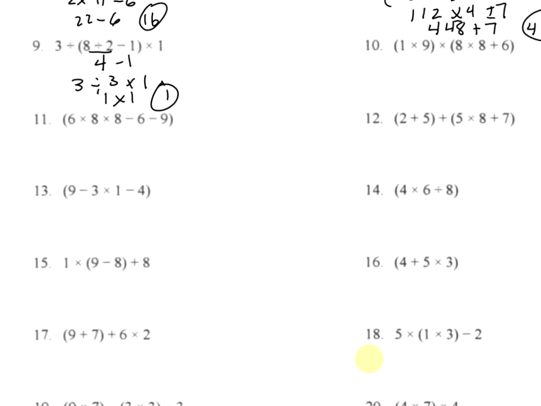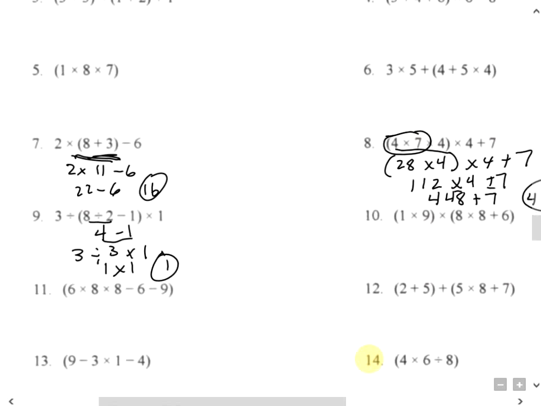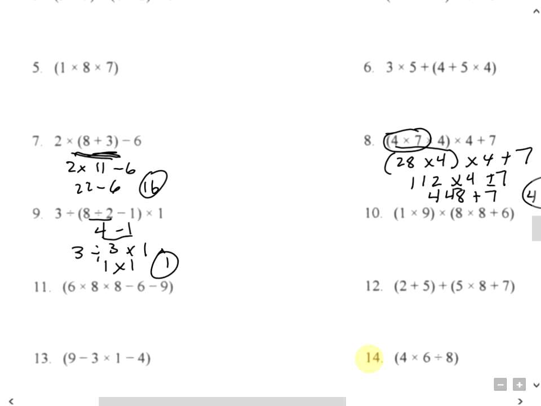Yes, right here, you have 4 minus 1. So in other words, let me move it down so I can show you on the screen. Right here, you did 8 divided by 2, and that got you 4. Then we've got 4 minus 1, that's 3. Now the parentheses are gone. So I don't have parentheses. What I have is 3 divided by 3 times 1.